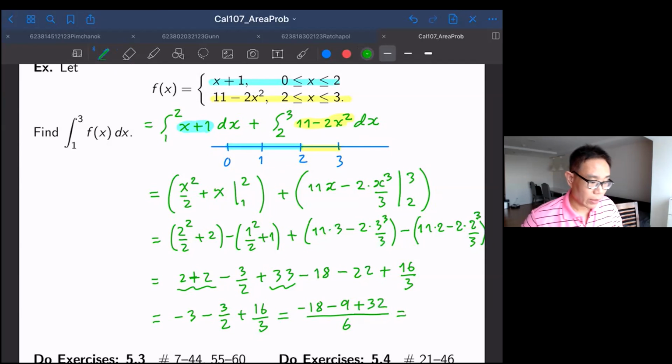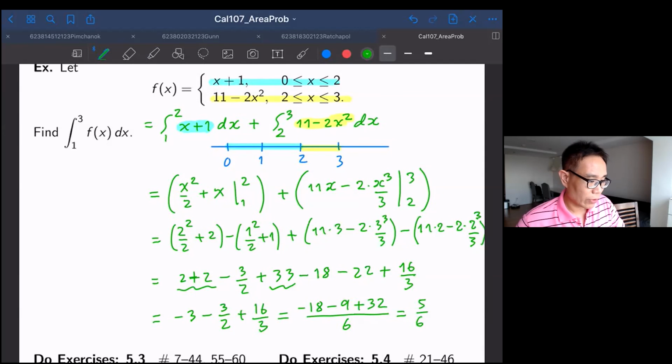So you get 32 minus 27, so it's going to be 5 over 6 for your final answer. Let me check my number again. I get negative 3, so it's going to give 3 halves, so it should be correct. Negative 27 plus 32, so it's going to be 5 over 6.